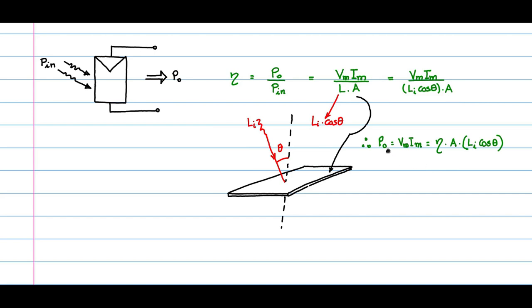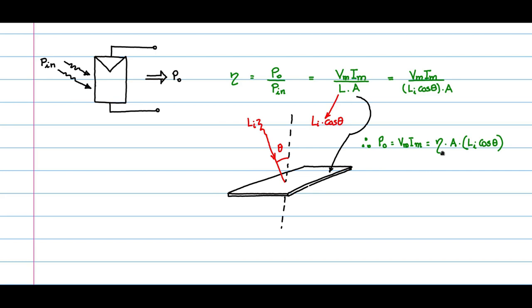So you see that P naught is dependent on the area of the collector and Li cos theta, which is the incident insolation normal to the collector. P naught is dependent on the application. The application will tell how much load power is needed, and this is the amount of electrical power output the panel has to give. So P naught is a requirement.